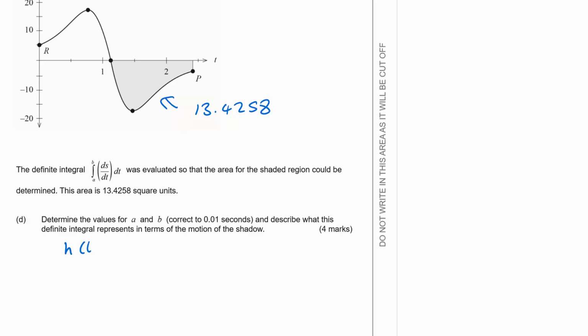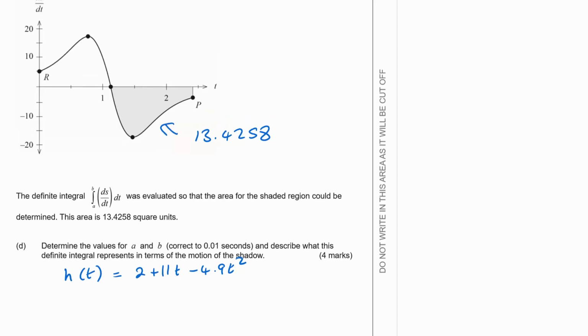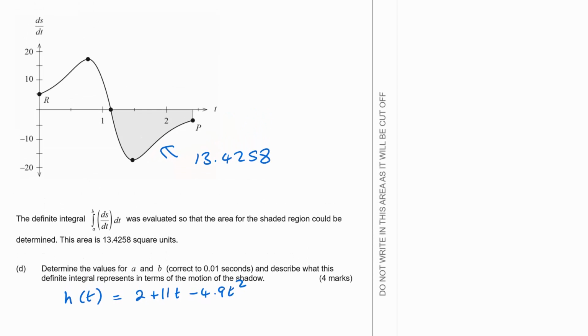So, well, we know that h of t is 2 plus 11t take away 4.9t squared. We'll see if that helps at all in a moment. It does, because this is ds/dt. So when we're here, ds/dt is 0.